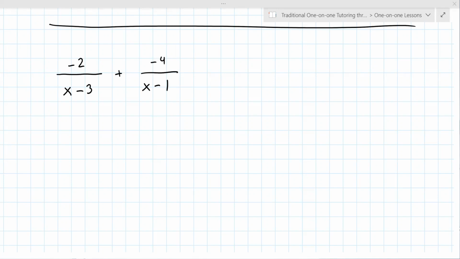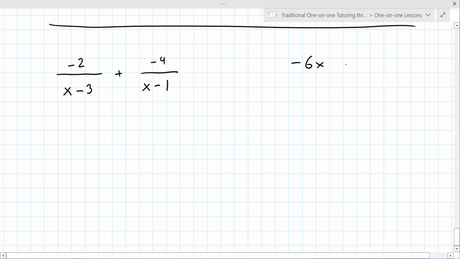I got -6x plus 13 over x minus 1, x minus 3.